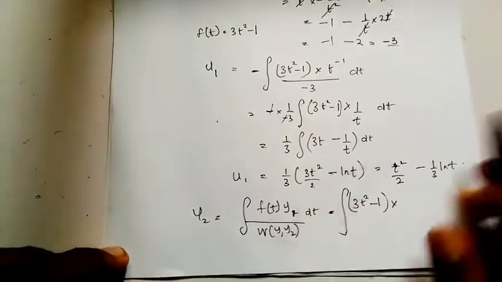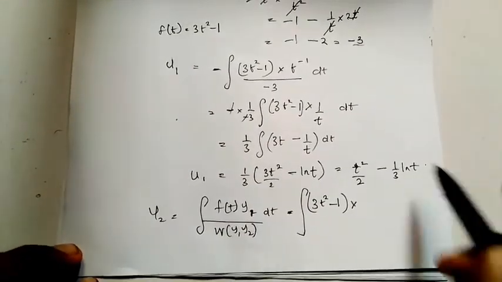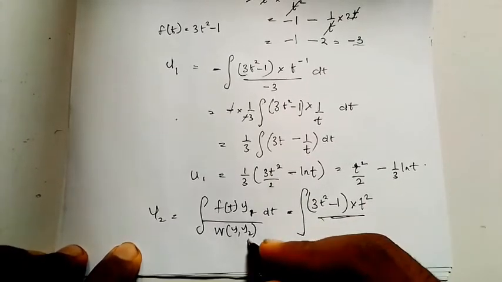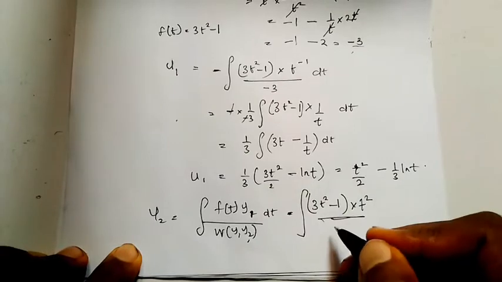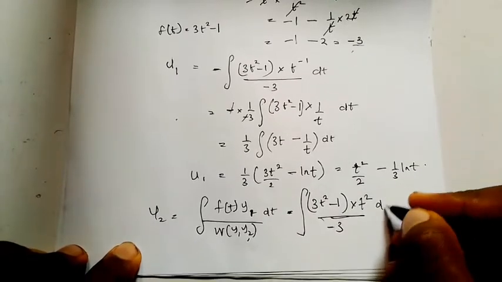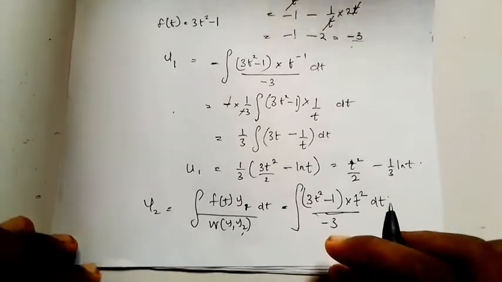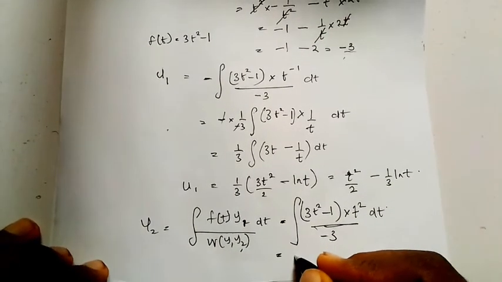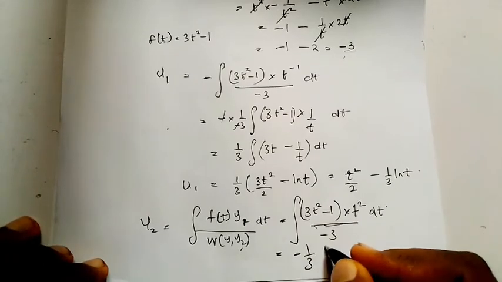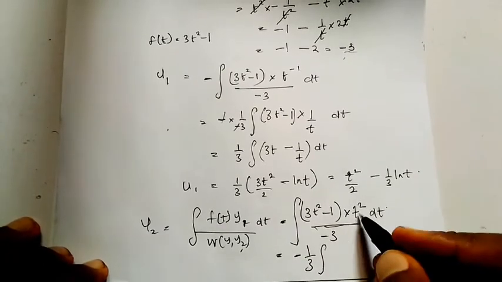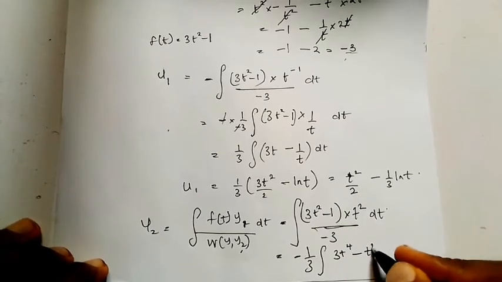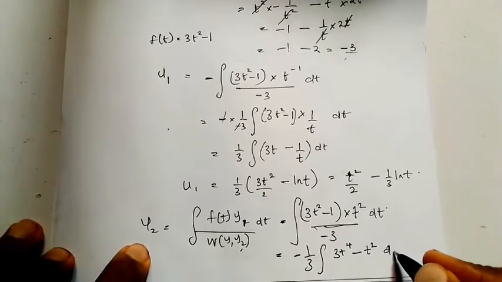So we have 3t squared minus 1 times t squared divided by the Wronskian of y1 and y2, which we got as minus 3, dt. Taking the constant to the front of the integral sign, it is minus 1 over 3 integral of, multiplying through by t squared, we have 3t raised to power 4 minus t squared dt.